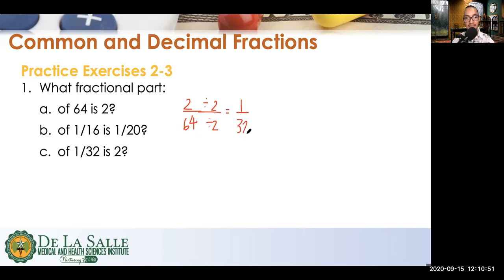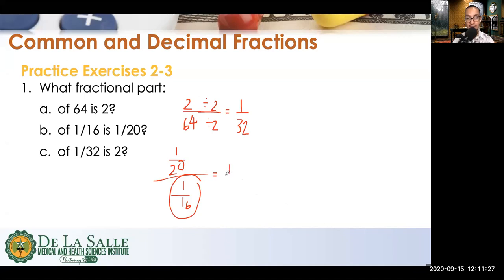Next is, what fractional part of 1 over 16 is 1 over 20? Now, how are we going to interpret this? 1 over 20 is what fractional part of 1 over 16? Basically yan yung ibig niya sabihin. So what we are going to do is we will multiply 1 over 20 by the inverse of the denominator.